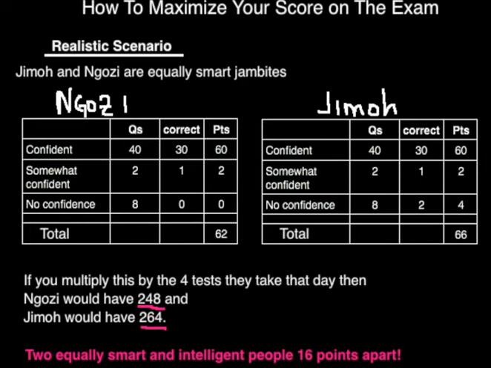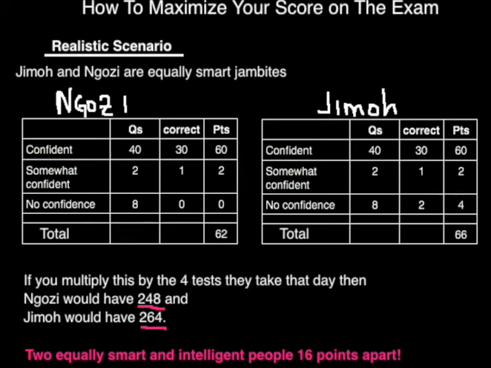since they're both equally smart, they knew 40 out of the 50 questions with total confidence. But of course, just because they were confident in those questions doesn't mean they got all of them right. So they got 3 out of 4 of those questions right. So that is 30 out of the 40 questions that they were confident about, they got correct.